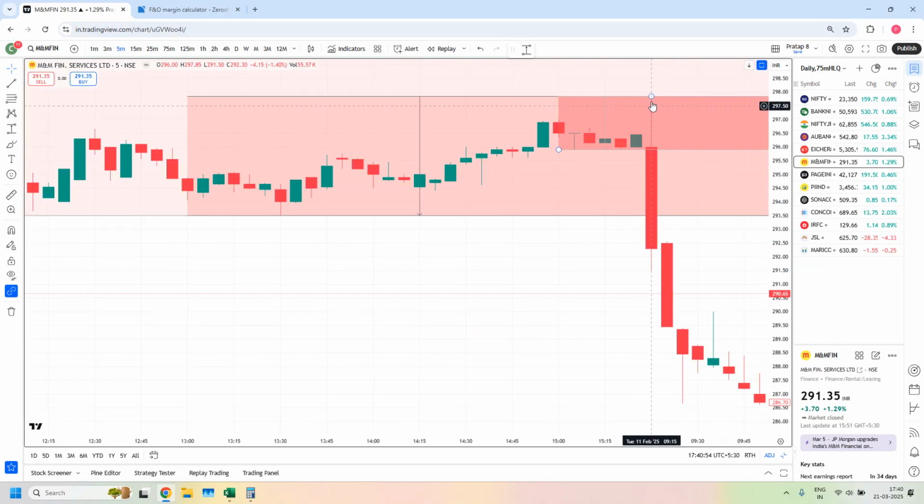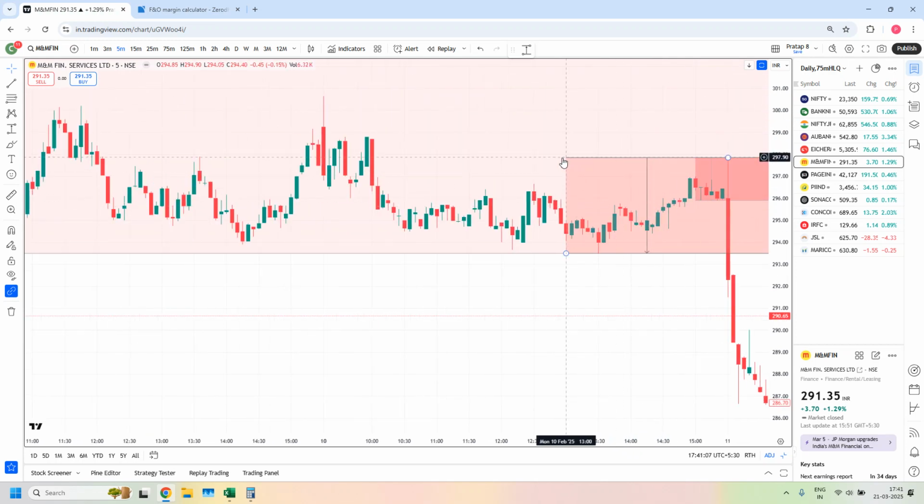Why I'm saying? Because see, if you draw the same 15 minutes as a 5-minute zone, the risk is huge. It's not easy to manage the risk. And many times when such zones are created, some lower time frame zones will be here as a horizon. But this time I did not find any horizon.